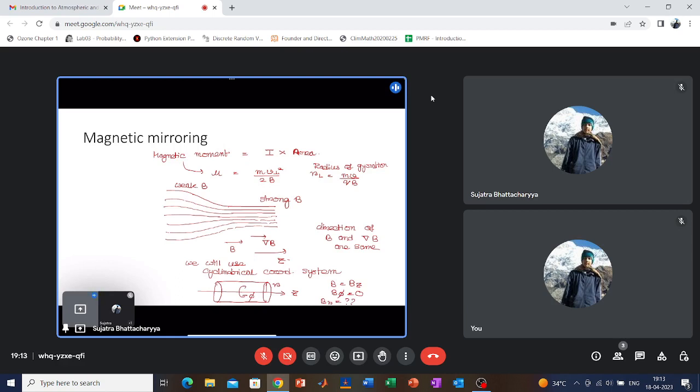Okay, because the magnetic field is changing in the R direction.